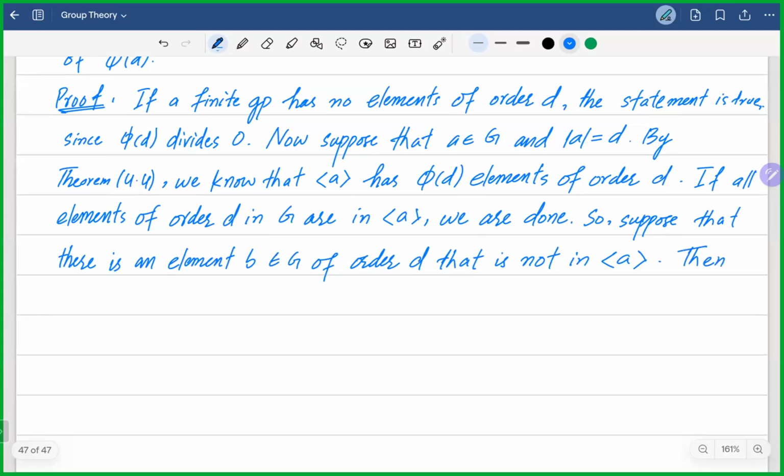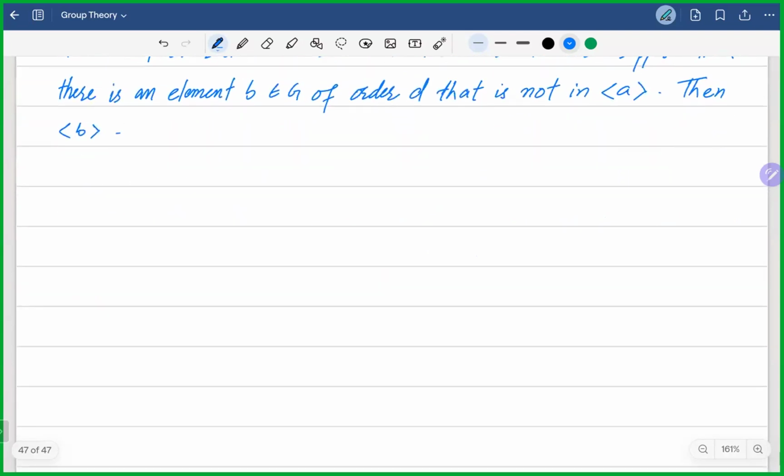Then the set generated by b also has phi of d elements of order d.